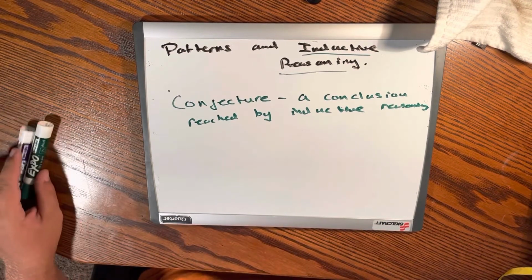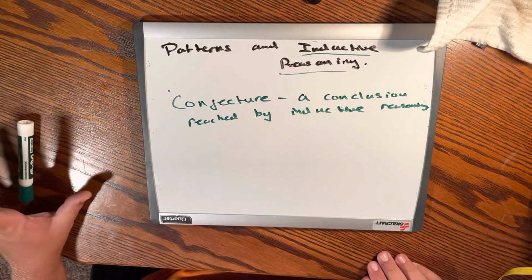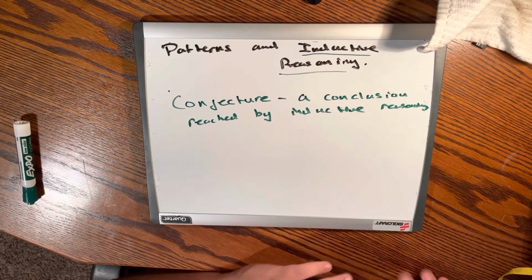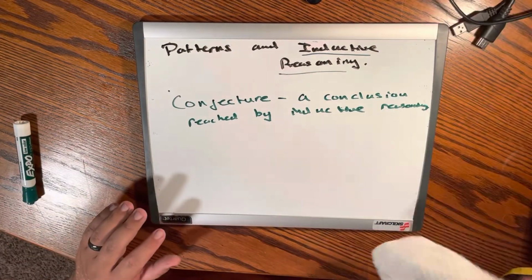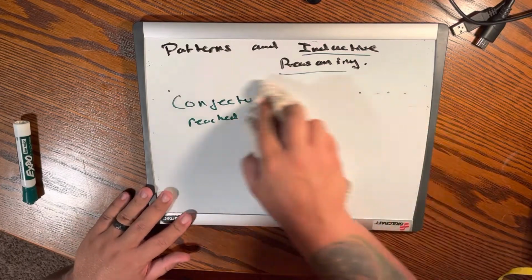So a conclusion reached by inductive reasoning, okay, that is what we consider a conjecture. Okay, this might be in shapes, this could be in word problems, months, whatever it may be.